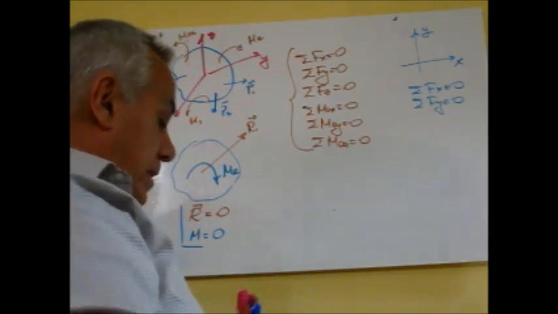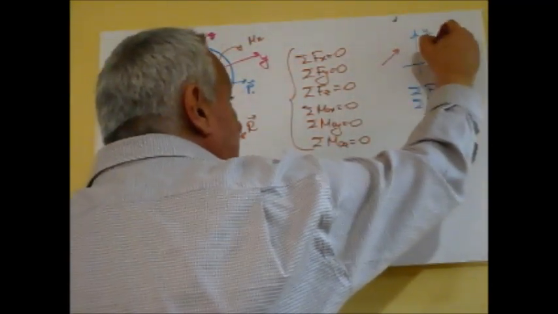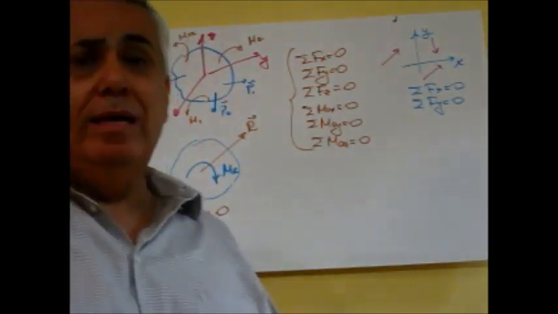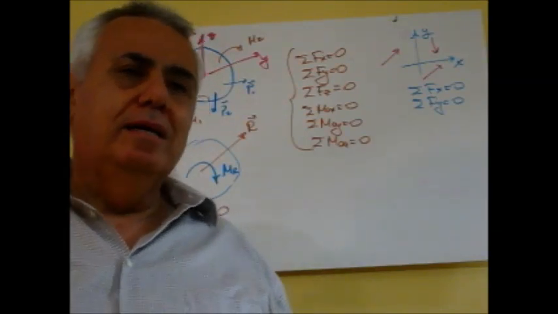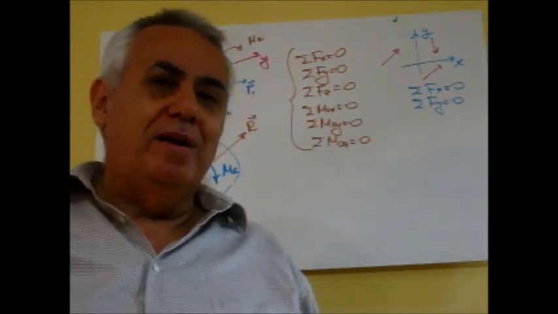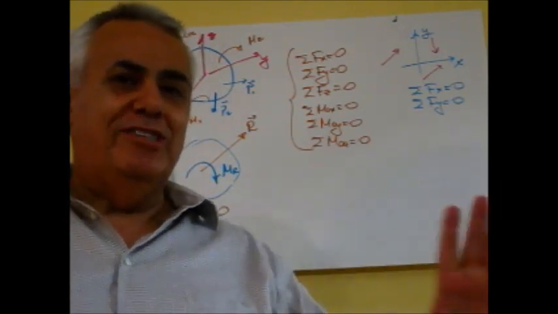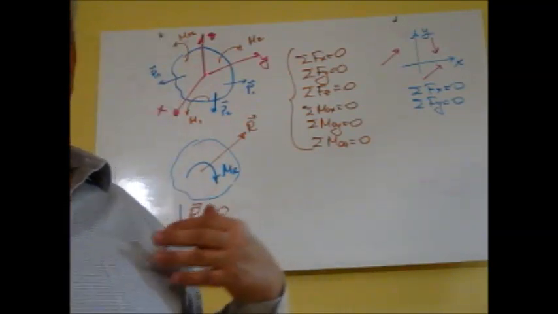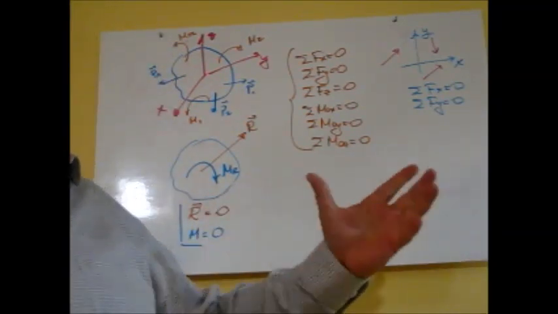And the sum of the moments: those forces in the axle X and Y cannot give moment about the axle X and Y because there is no distance. Remember, we mentioned many times, but now it's in the video so you can remember: if the force and the axle are in the same plane, there is no rotation, there is no moment. Many times I said, if I am a cat or a monkey or Spider-Man standing on the door, I cannot open the door.